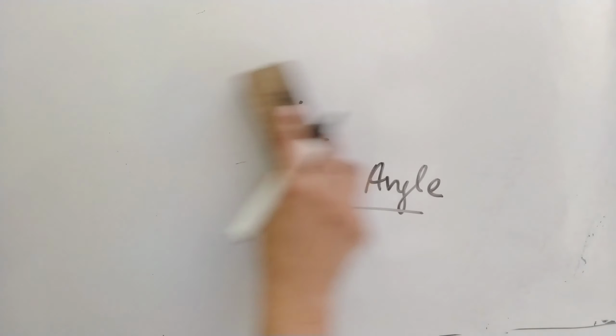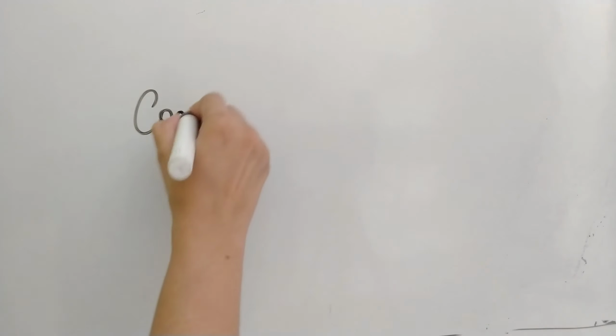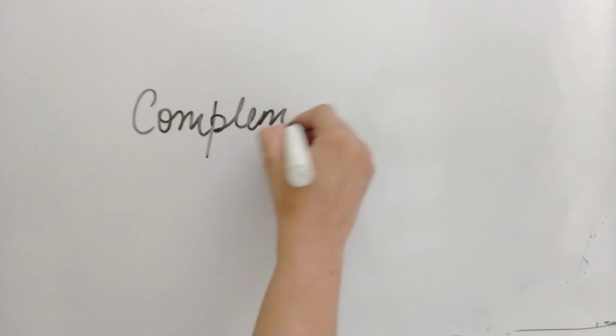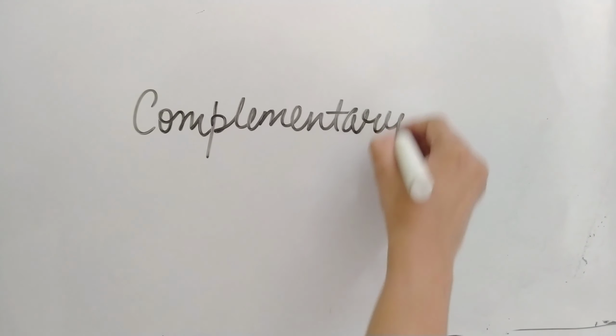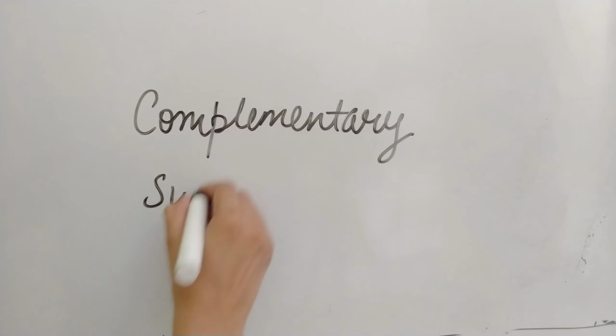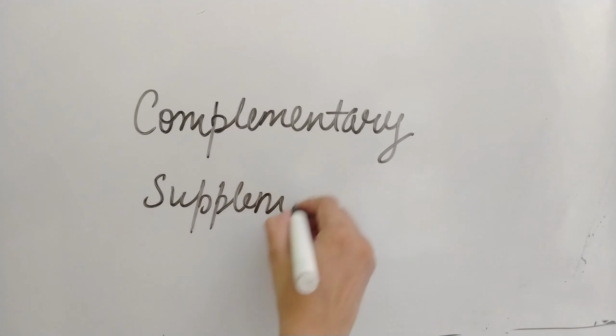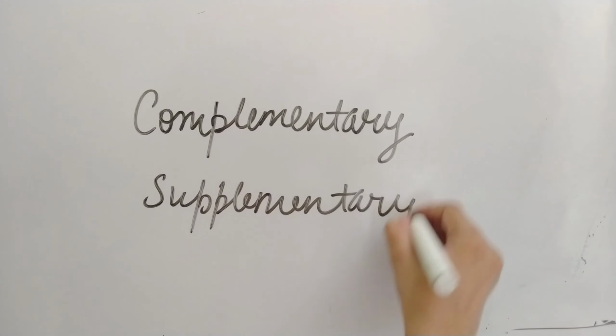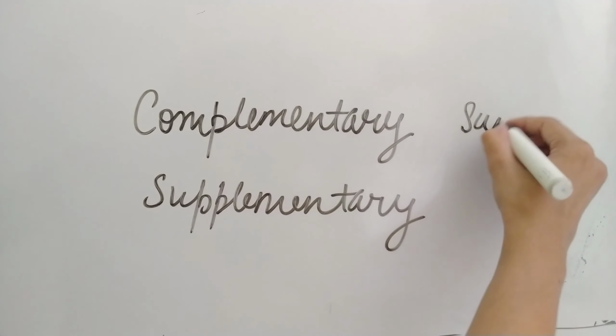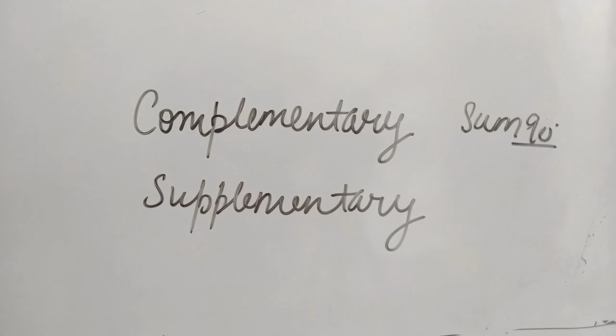Now, on the basis of this, the questions in our chapter will ask what complementary angles are. One type of angle is complementary, and the other is supplementary. The angles whose sum is 90 degrees are called complementary.